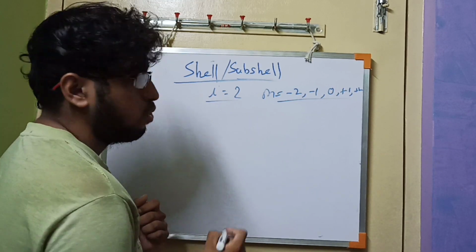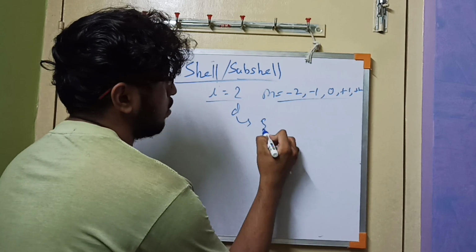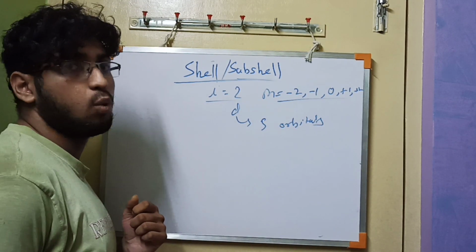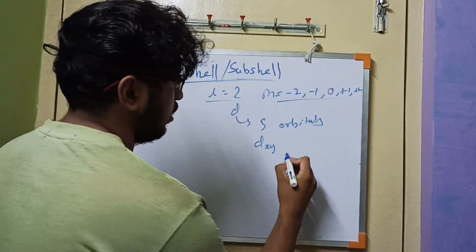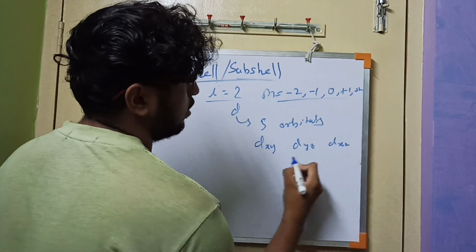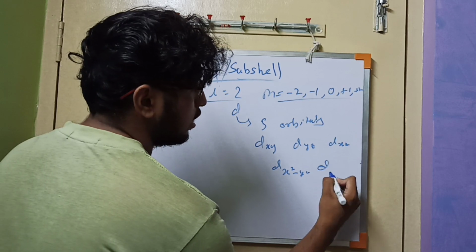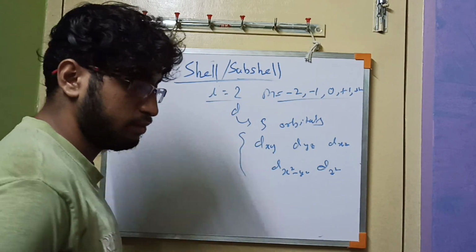For l equal to 2, it is d, and d has 5 orbitals. What are these? dxy, dyz, dxz, dx square minus y square, and dz square. These are the 5 types of d orbital.